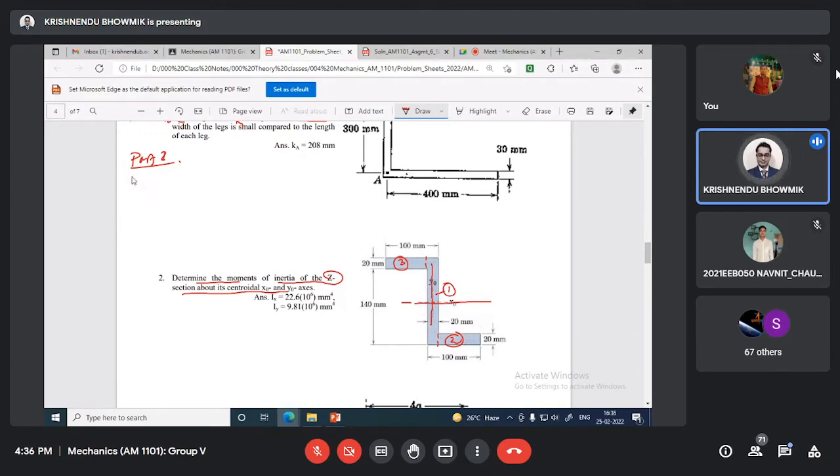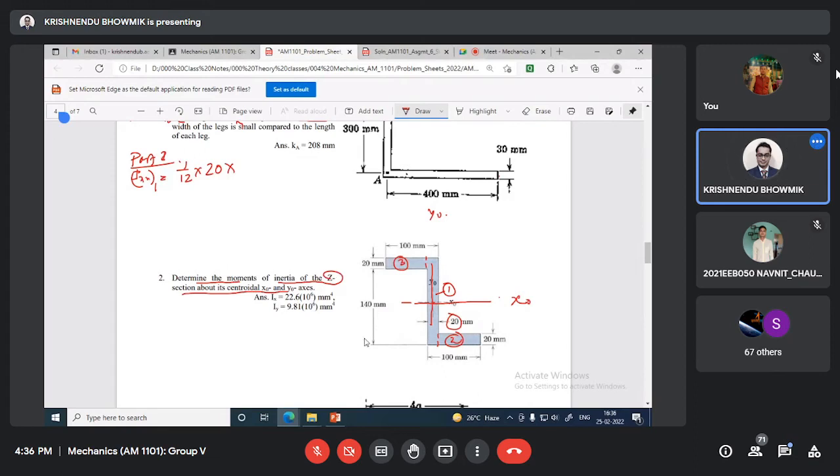So for this case, Ixx1, this is x0 and this is y0, will be 1 by 12 multiplied by base 20, multiplied by height cube.